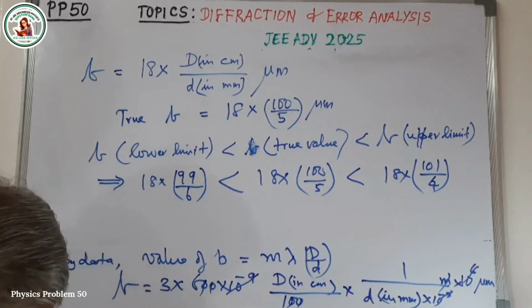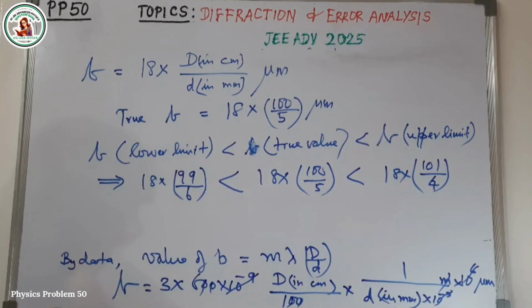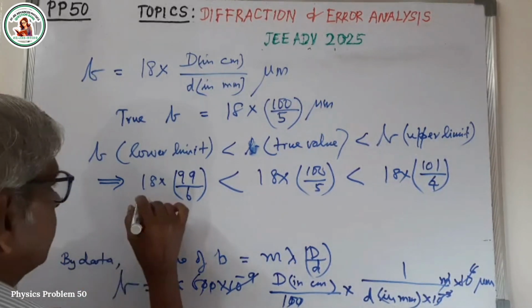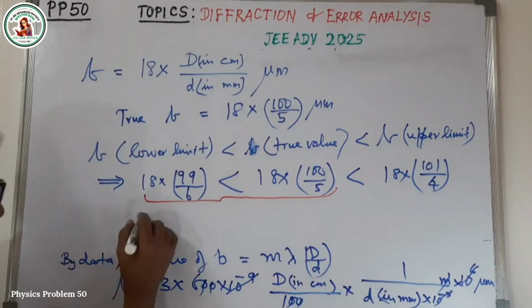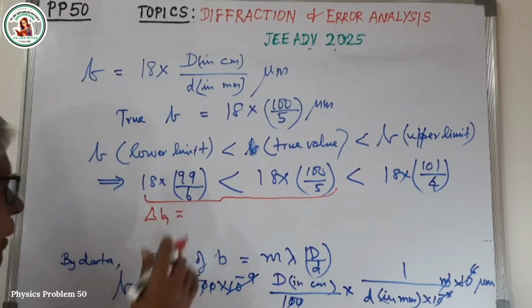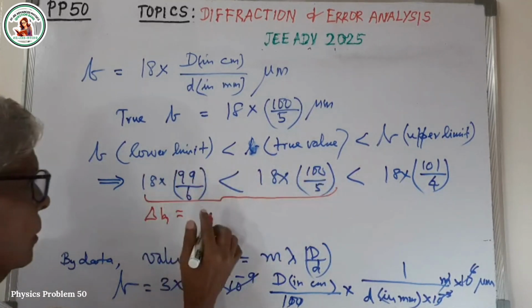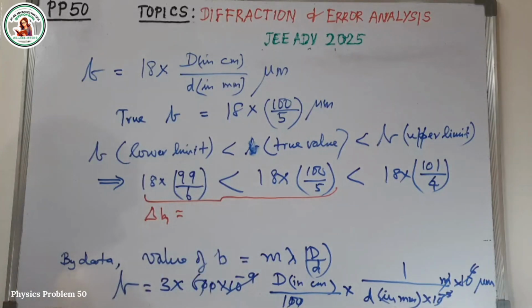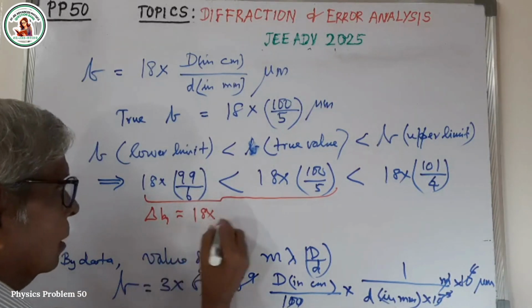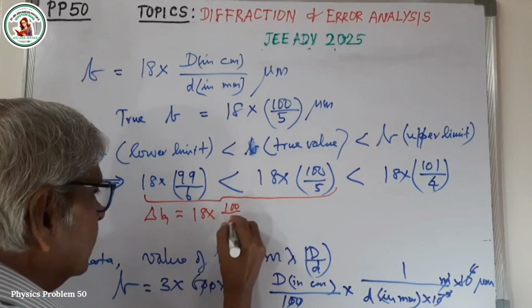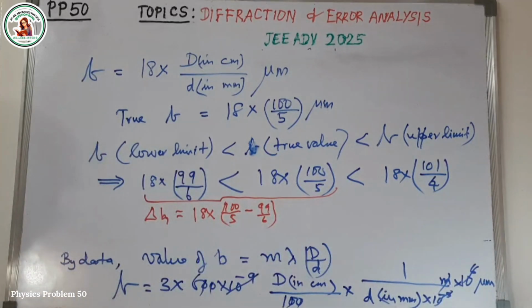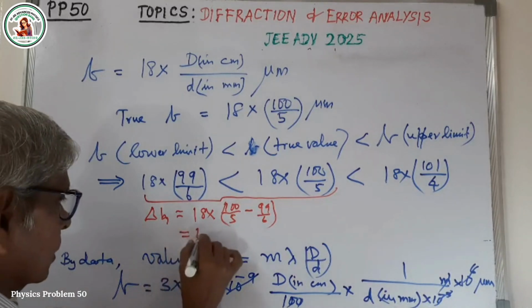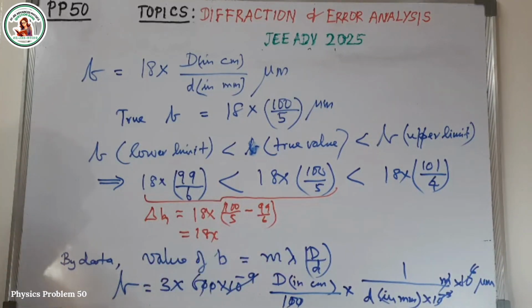The error involved with the lower limit, call it delta B1, is equal to this minus this: 18 times 100 by 5 minus 99 by 6, which gives us 18 into 105 by 30.